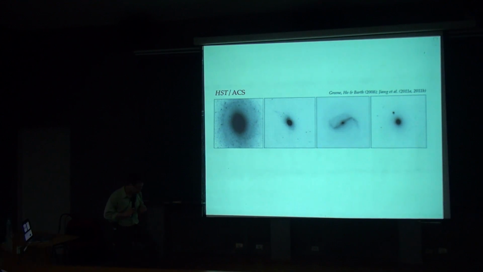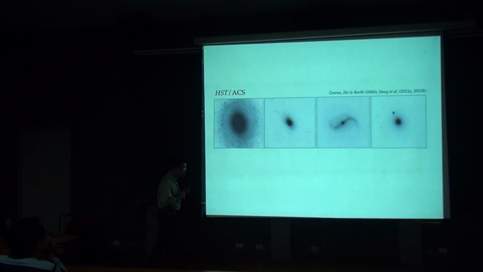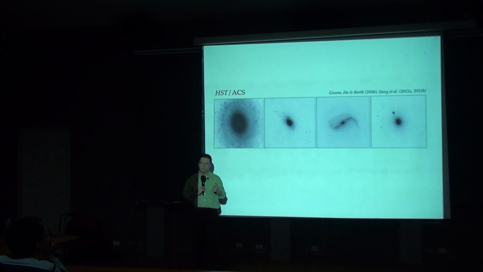The reality is over the last 10 years, since the dynamical detection of black holes in inactive galaxies, we've developed secondary techniques and tertiary techniques to extend the black hole mass estimation to active galaxies, to quasars, to things with broad emission lines. Okay, the technical terms are reverberation mapping that you may have heard about.